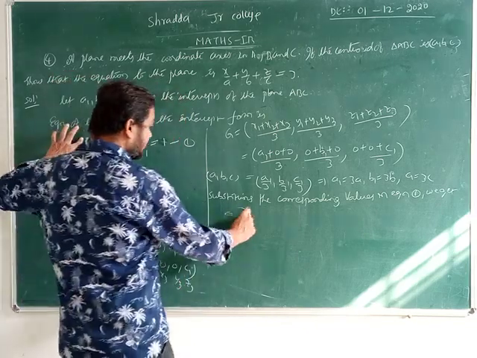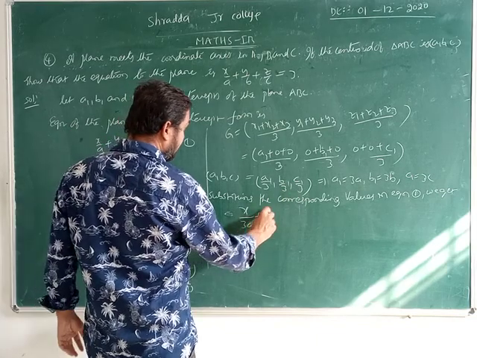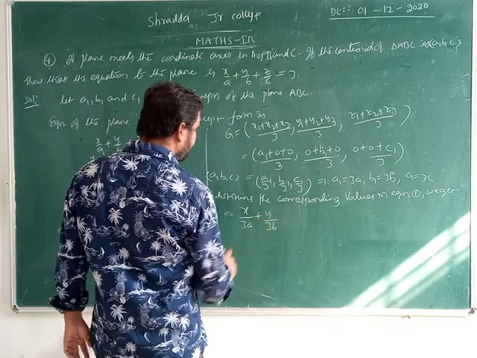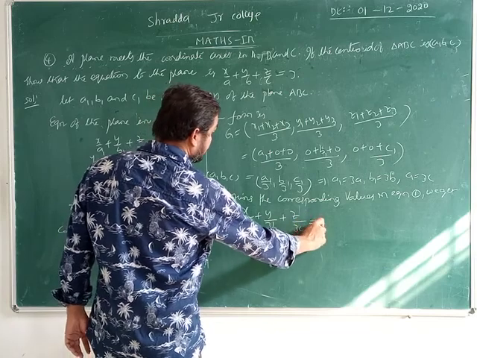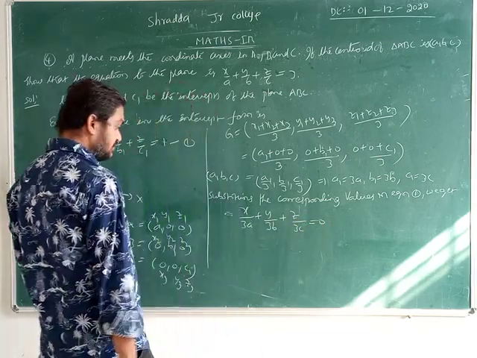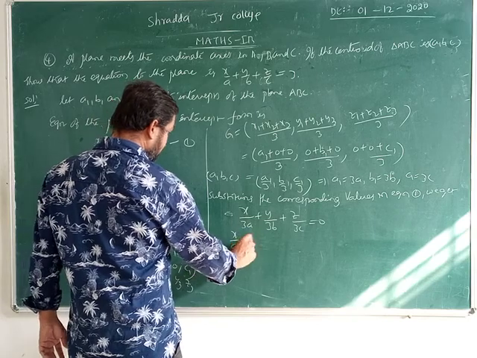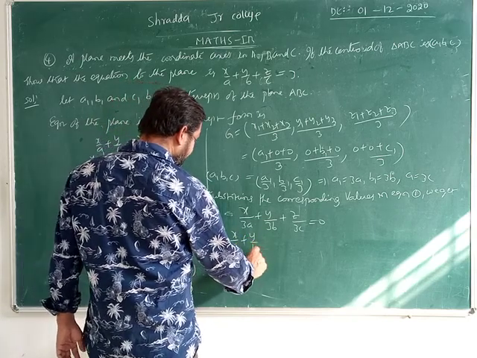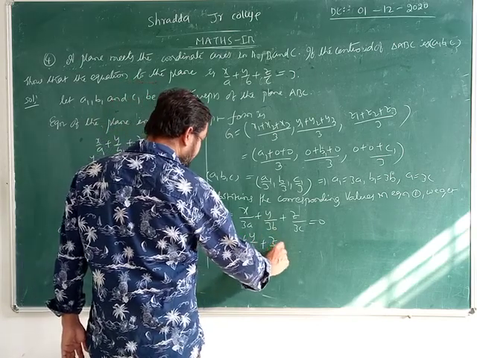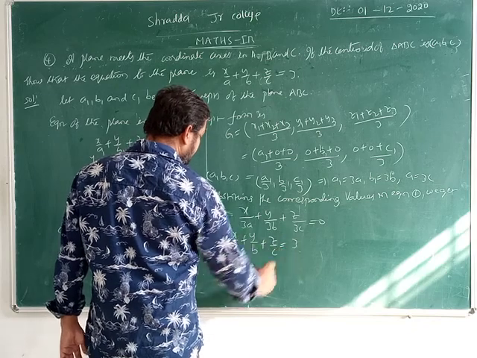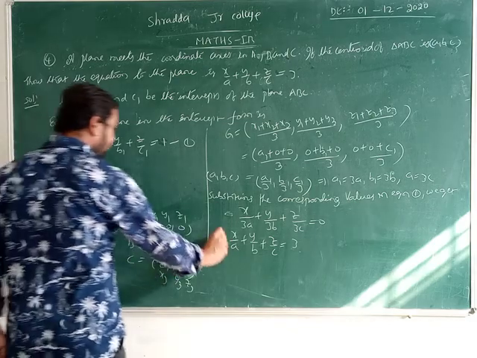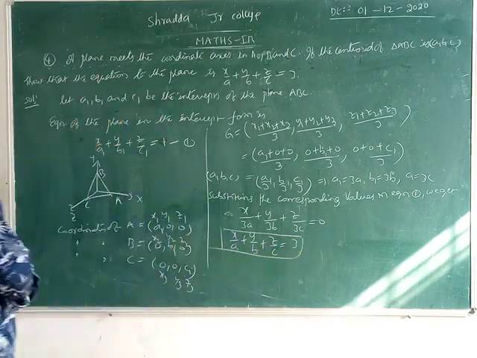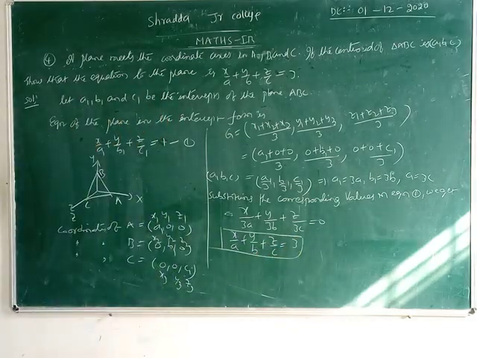So now x by what is a1? 3a, y by what is b1? 3b, plus z by what is c1? 3c equals 1. x by a plus y by b plus z by c equals 3. Now this is our required equation of the given plane.